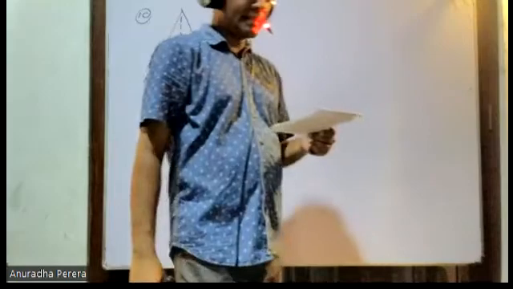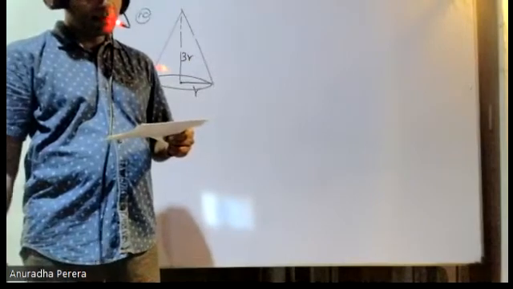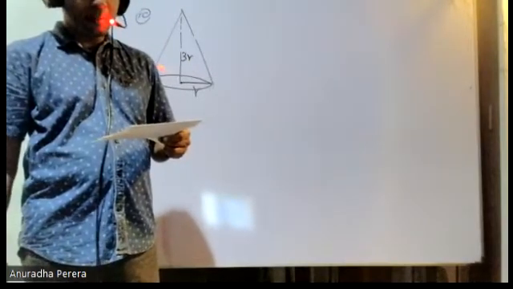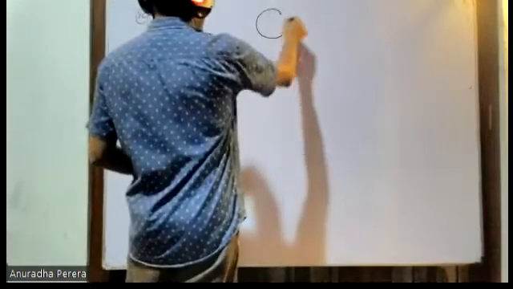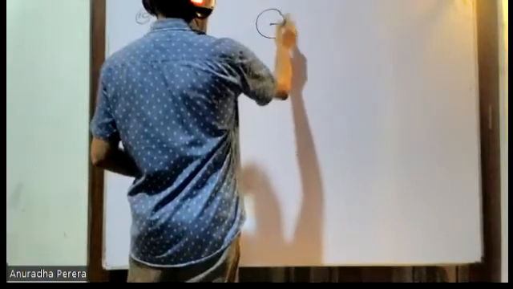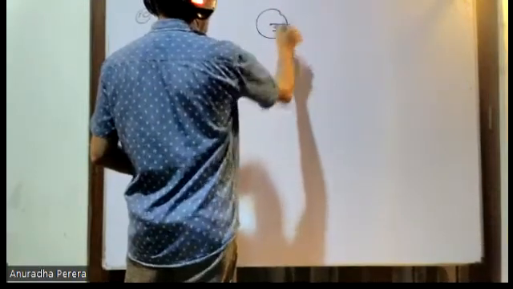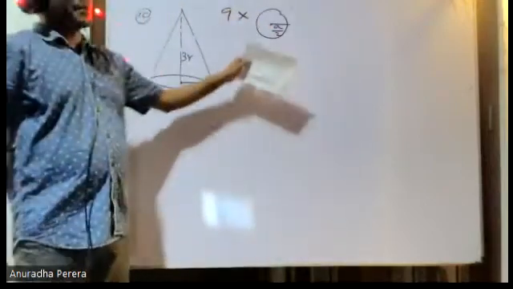This cone is melted and 9 identical solid metal spheres of diameter a centimeters each are made without wastage of metal. Diameter a means radius is a over 2. 9 such spheres are made.